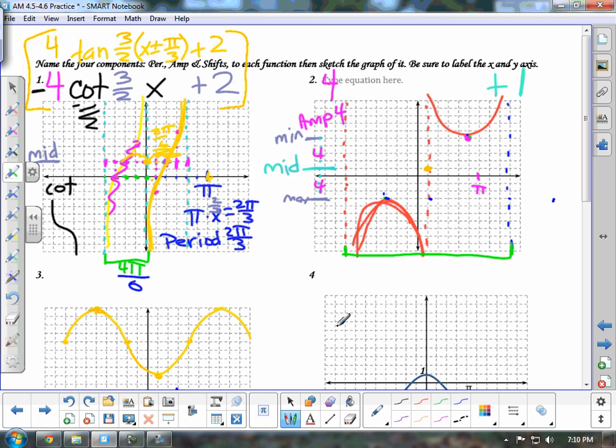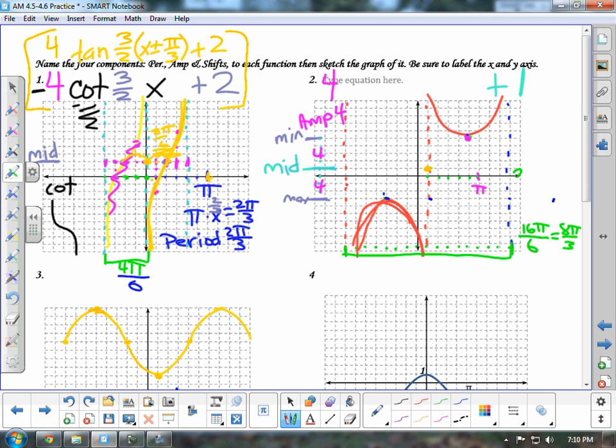So then, counting this out, it's 1, 2, 3, 4, 5, 6, 7, 8, 9, 10, 11, 12, 13, 14, 15, 16 pi. And normal pi is 1, 2, 3, 4, 5, 6, so 16 pi over 6, which simplifies to 8 pi over 3.